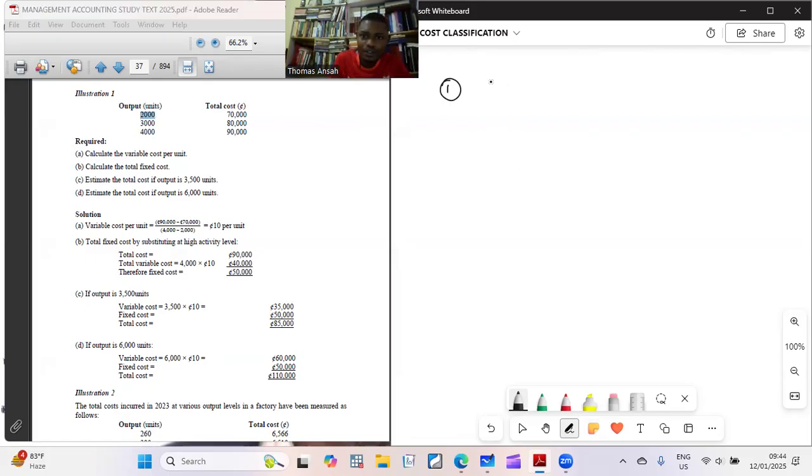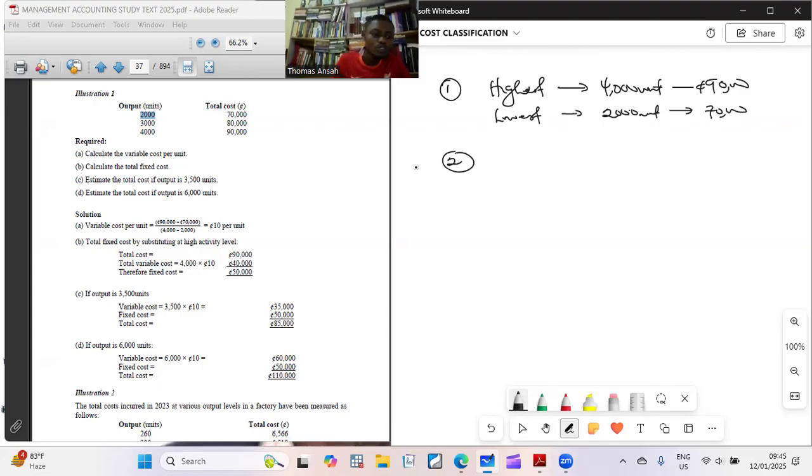So the highest level is 4,000 units, and its associated cost is 90,000 cedis. The lowest, what I have is 2,000 units. Its associated cost is 70,000.